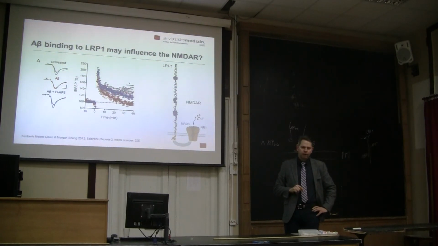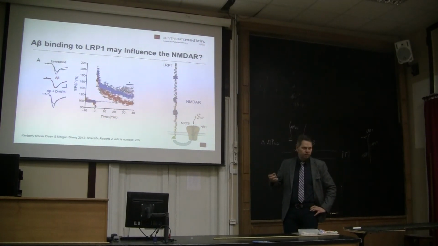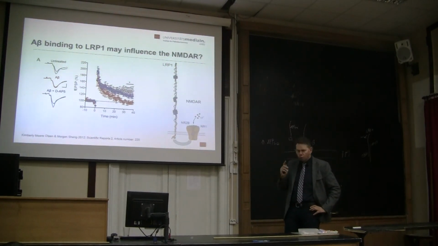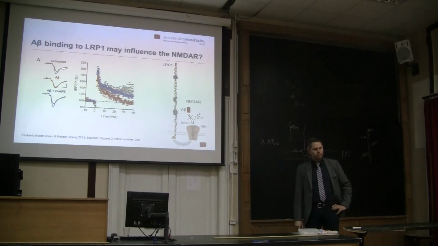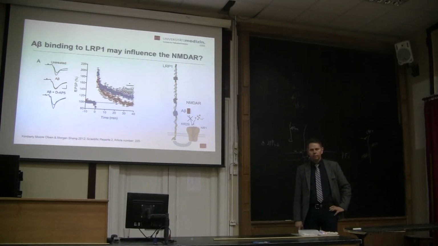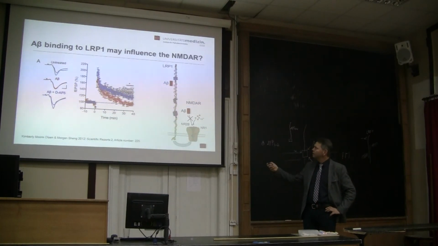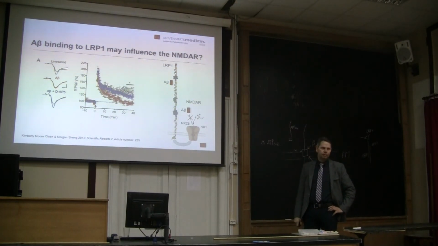To be honest, I don't believe that. I believe this effect is pretty solid. Many people have shown that. But nobody has shown that A beta binds to the NMDA receptor. That is not known. But what is known is that A beta binds to LRP.